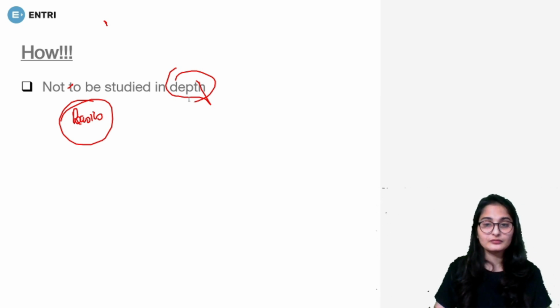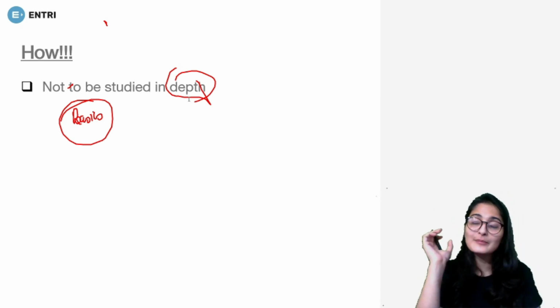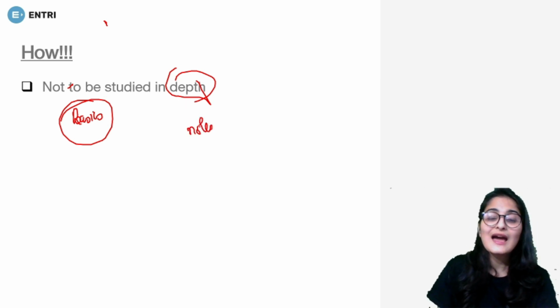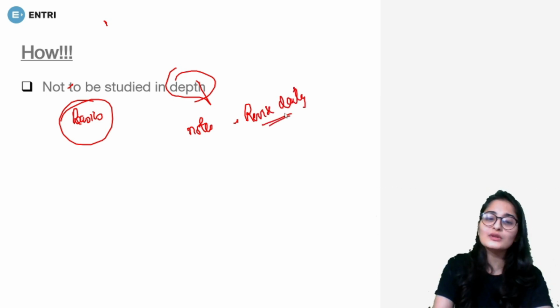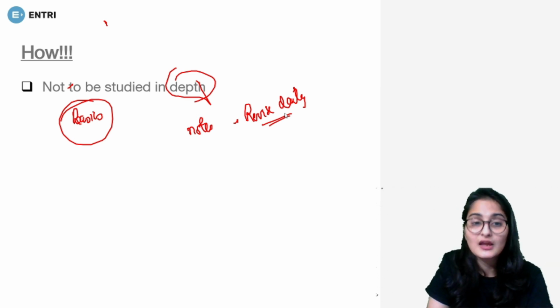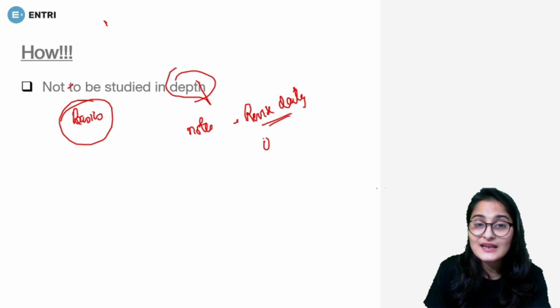Then for memory purposes, what you can do is create notes of your own, and the basic thing is revise them on a daily basis. Go through them once, and they will help you in memorizing on a certain aspect. Go through a lot of questions and quizzes.